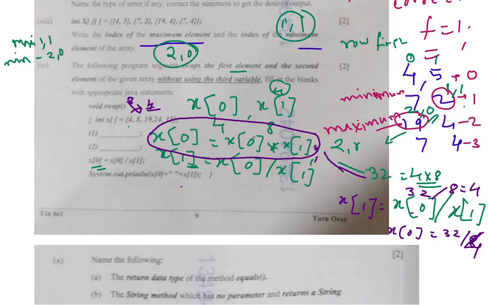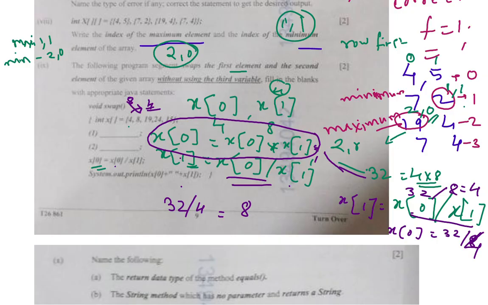I need value 4 over here, so I will divide by 8. 8 is what? My x of 1. So you got this: x of 0 upon x of 1. This is my step: x of 0, 32 divided by 8, will give me 4. Now x of 1 is 4, so my output is 8 and 4, which is exchanged. So the swap has been done.